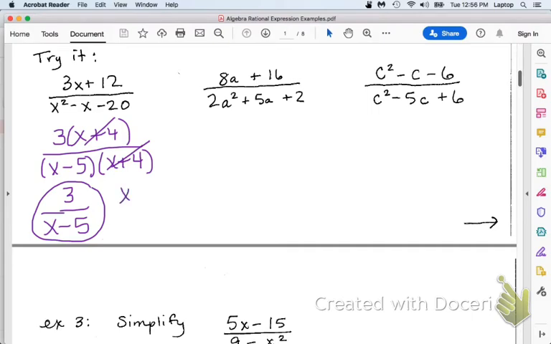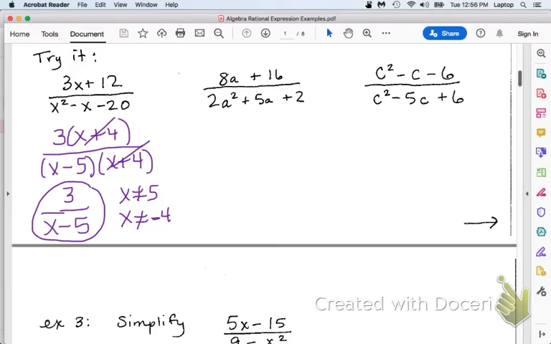So we cannot have the x equal to 5. We cannot have the x equal to negative 4. And that would be like if you substituted these values into the original problem, would give you a denominator of 0, and that is undefined mathematically. So we have to make sure that we're understanding what those excluded values mean.